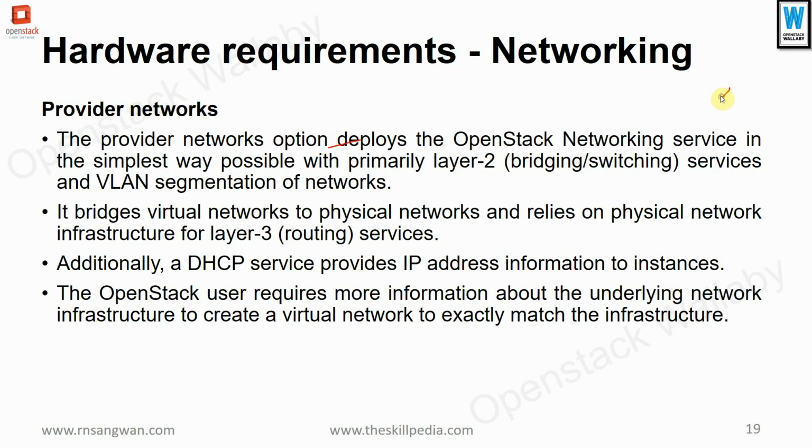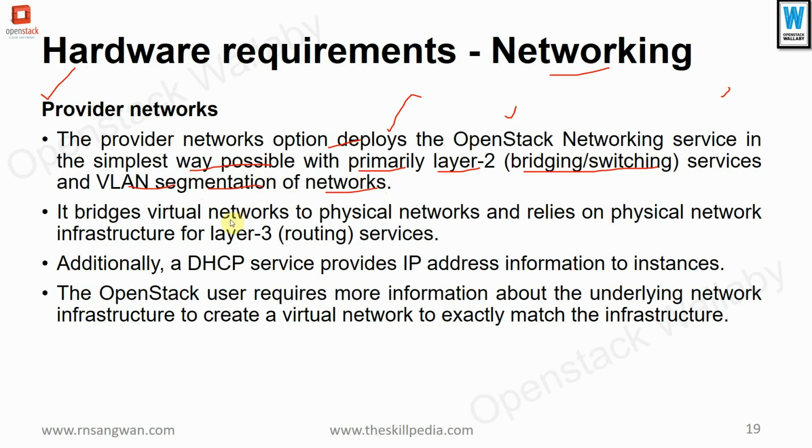Hardware requirement for networking. The provider network. That means if we are using physical network. This provider network option deploys the OpenStack networking service in the simplest way possible with primarily layer 2, which is bridging and switching services, and VLAN segmentation of network, that is virtual LAN segmentation of networks.